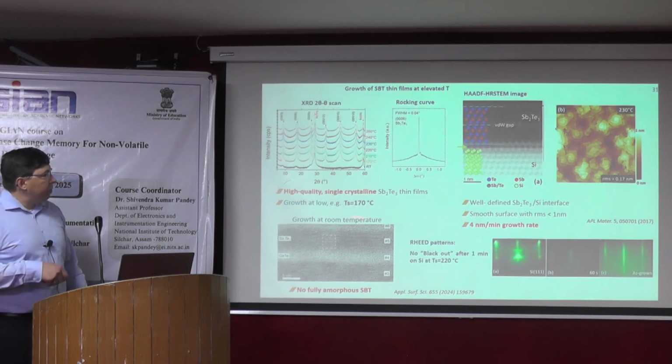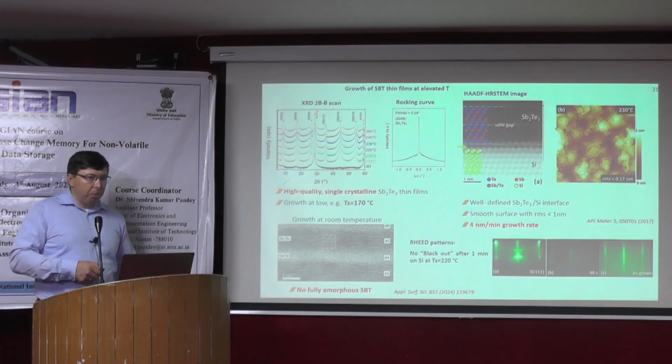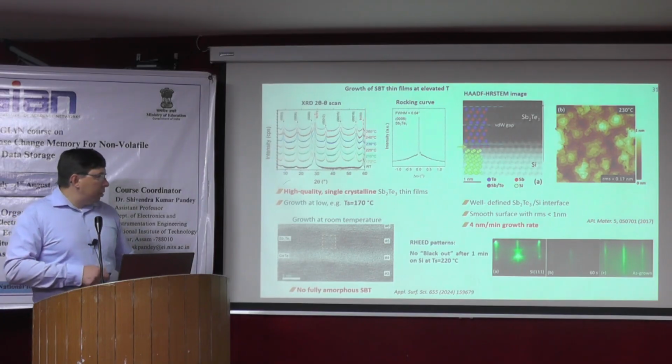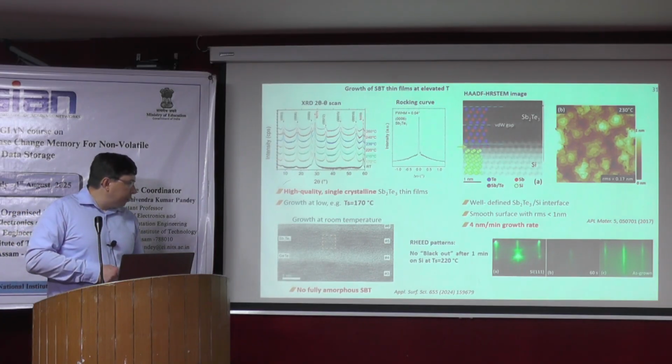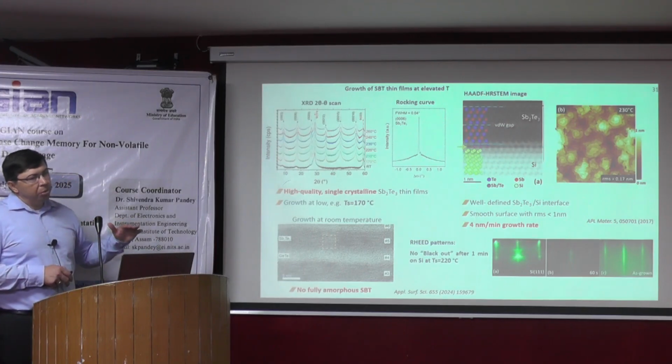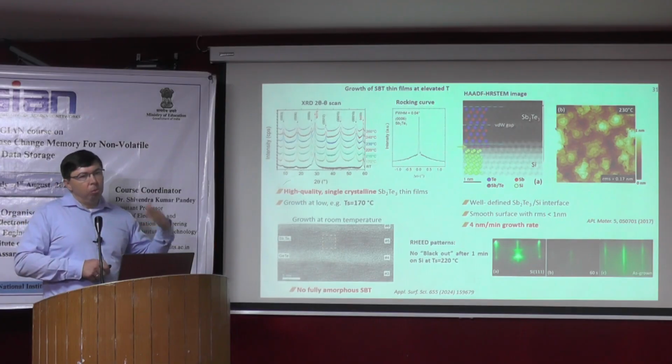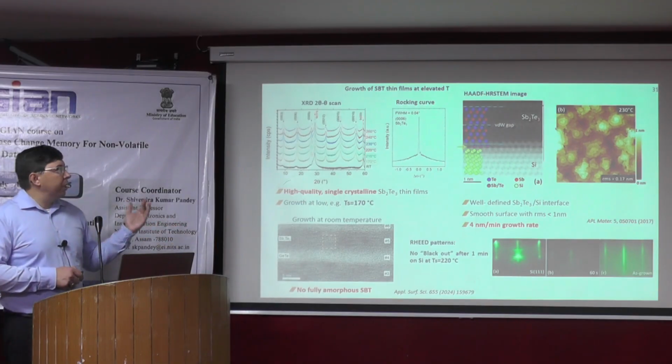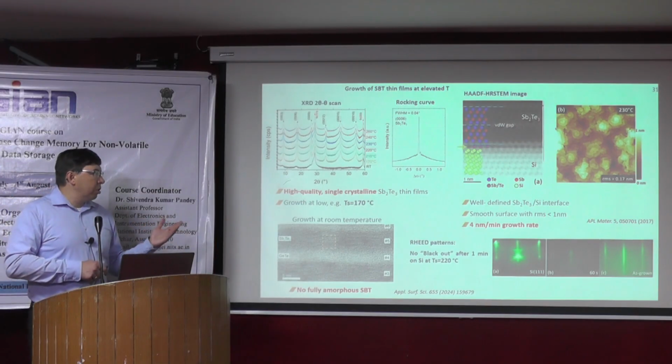You can also grow these thin films at room temperature. This we did recently. And interestingly, you would think that if you grow your thin films at room temperature, you produce amorphous thin films. But in the case of antimony telluride, it's not.